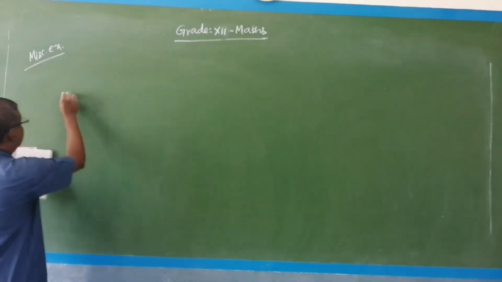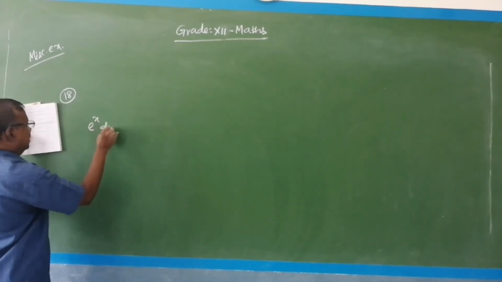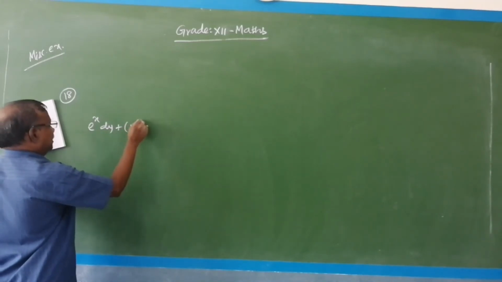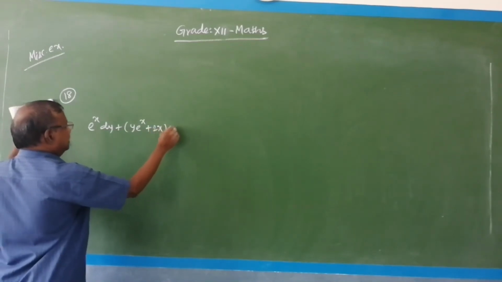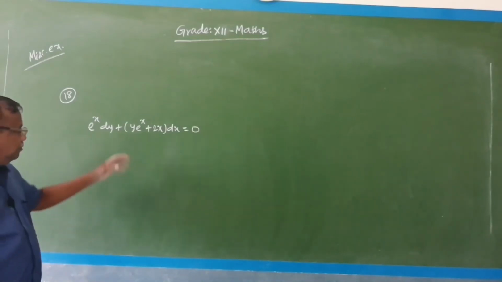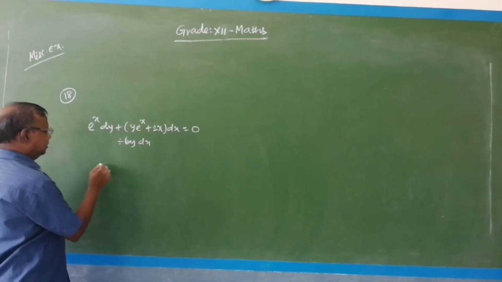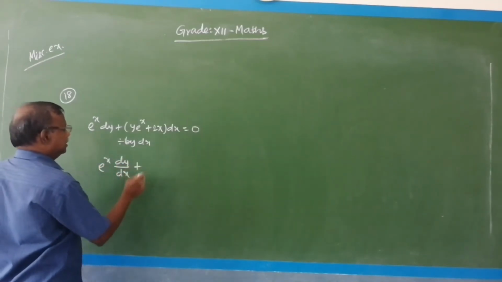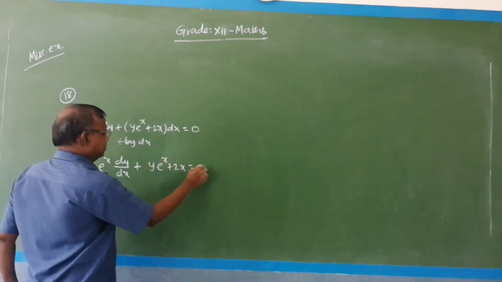Question number 18. The equation is e power x into dy plus y e power x plus 2x into dx equal to 0. First, divide the equation by dx. We have e power x into dy by dx plus y e power x plus 2x equal to 0.